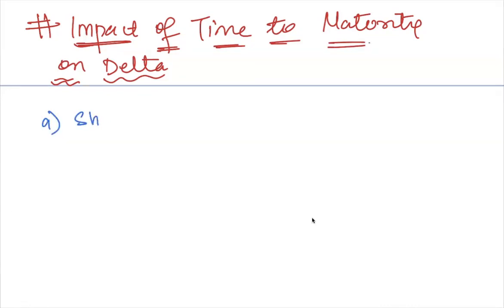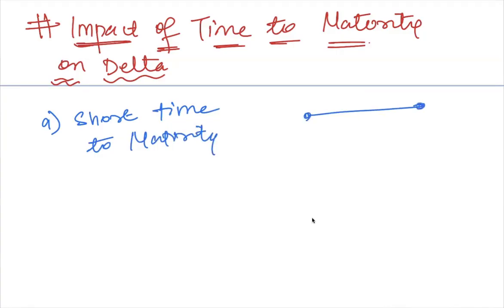First, we have a short time to maturity. What do I mean by short time to maturity? The contract is about to expire, and we are standing just a few days before. This is what it means by short time to maturity.